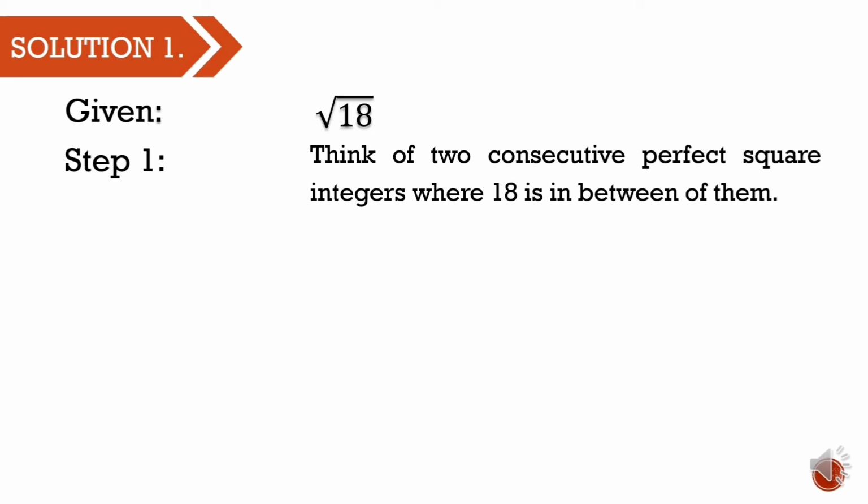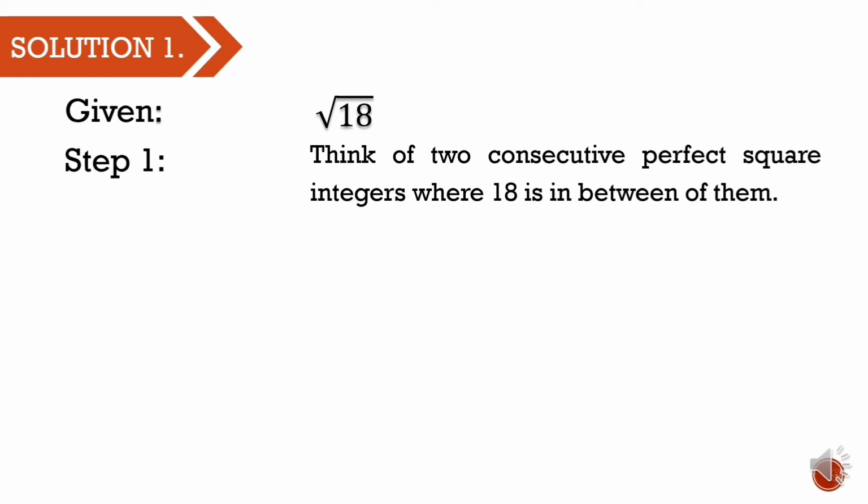Given number 1, that is the square root of 18. By following step number 1, once again, we need to think of two consecutive perfect square integers where 18 is in between them. Once again, all you have to do is list all the numbers bigger than 18 and all numbers lower than 18.